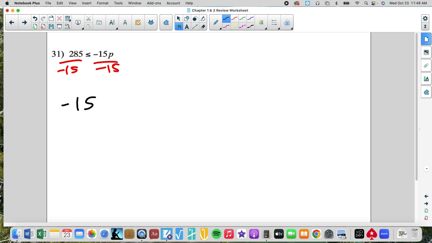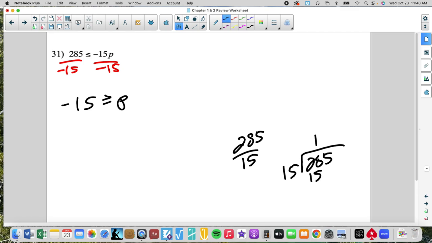I divided both sides by a negative, so I'm going to flip the inequality sign. -15, let's see that. 285 over 15. 15 goes into 285 once. That gives me 135. 15 times 5, 25. Whoops, that didn't work. It's 85.